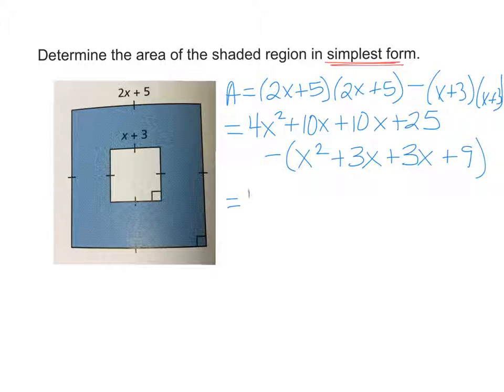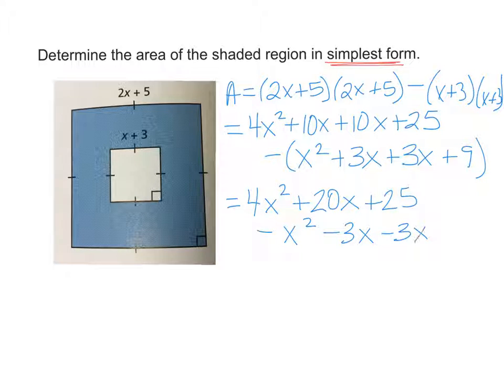Continue simplifying. 4x squared, I might as well make that a 20x right now. Right, 10x and 10x. And I'll subtract x squared minus 3x minus 3x minus 9. That negative switches the sign of everything inside the bracket. So I'm subtracting all of those things.